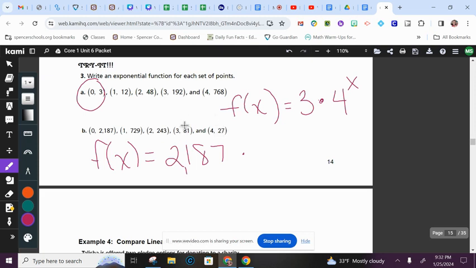But this is going down by 1/3. Yes, because 27 times 3 is 81, times 3 is 243. So this would be dividing by 3. And the inverse of that, because remember, it has to be multiplication, is 1/3 to the x power.